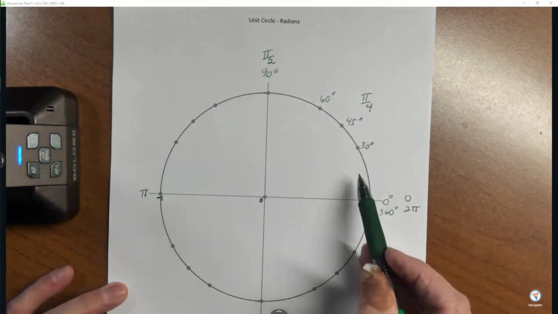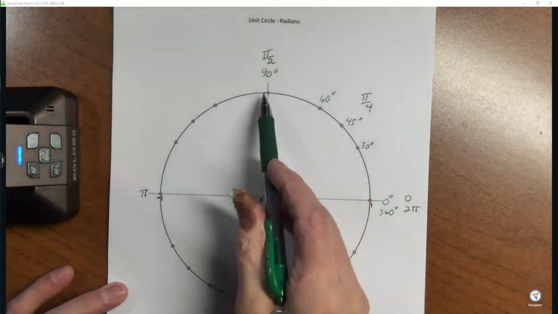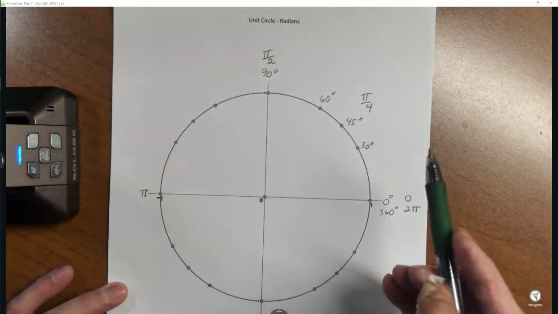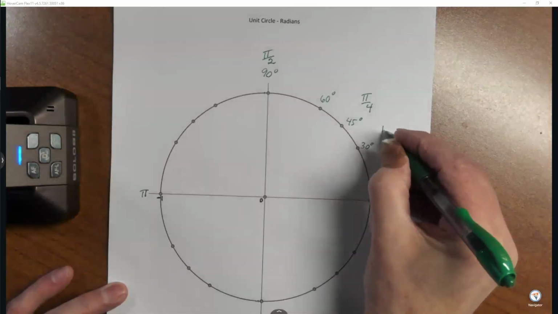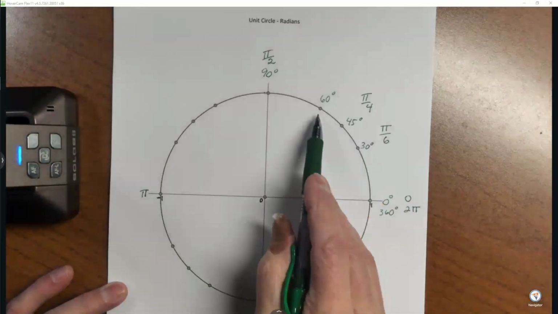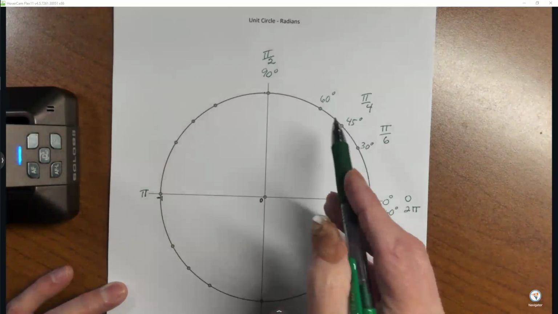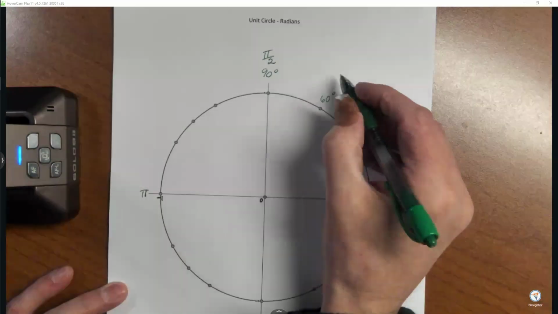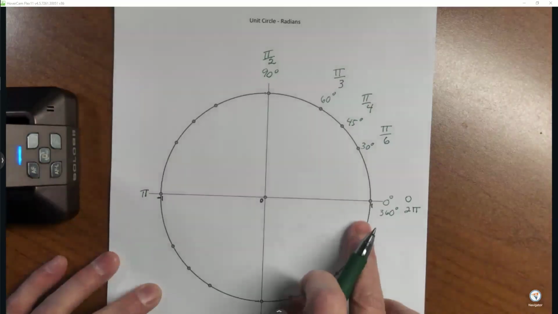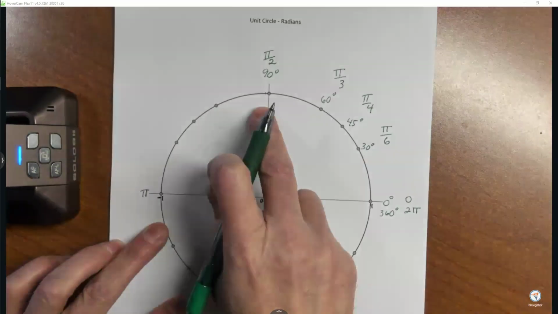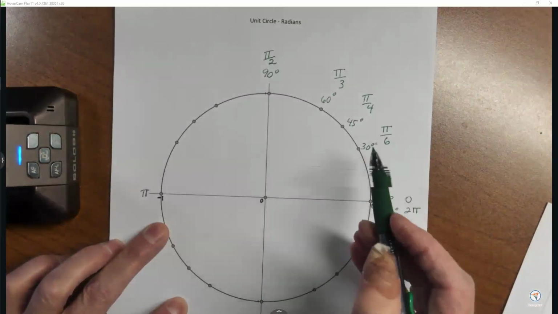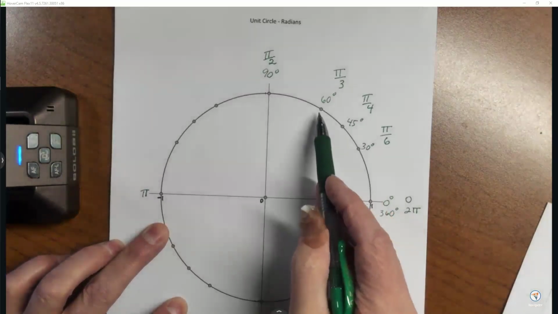And this is 1/3 of the way to 90 degrees, or pi over 2. So if I take 1/3 of pi over 2, I get pi over 6. If I take 2/3 of the way to pi over 2, that's going to be pi over 3. Okay, and now if we continue with this logic here, we're going to get 1 pi over 3.